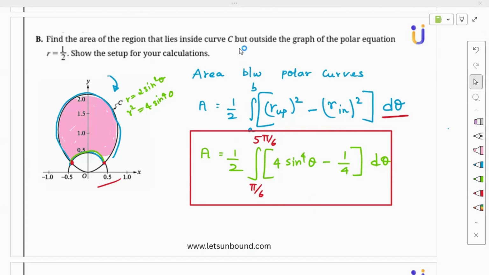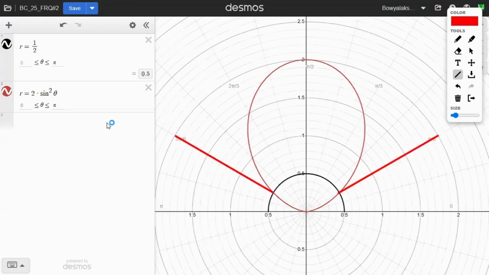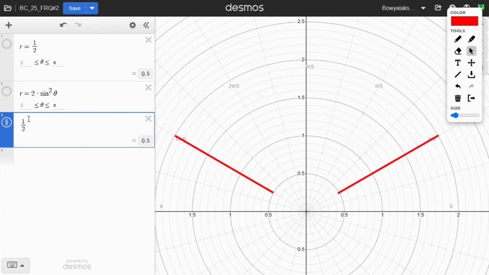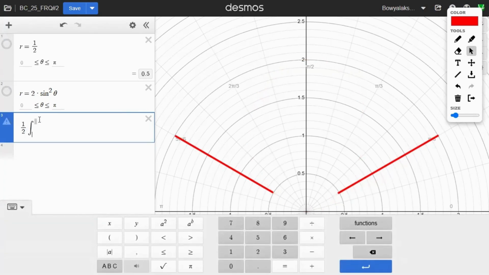Again to the Desmos. What I need to find here is the expression. So half integral, pi by 6 to 5 pi by 6. Use the parenthesis properly so that you won't get any error. What is my integrand? I hope you remember this: 4 sine power 4 theta minus 1/4 and then d theta.